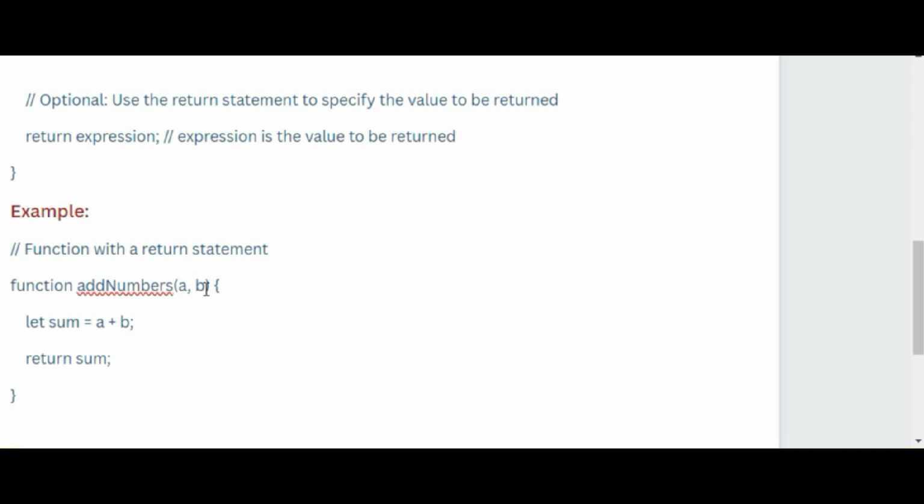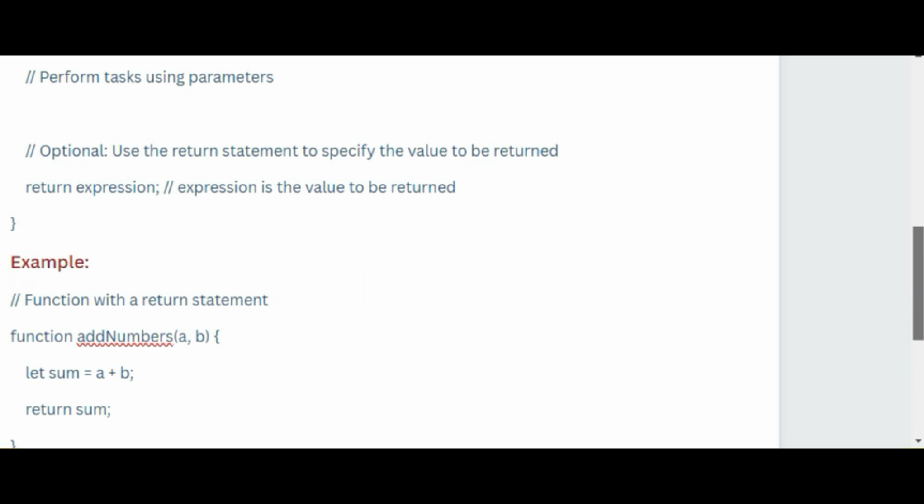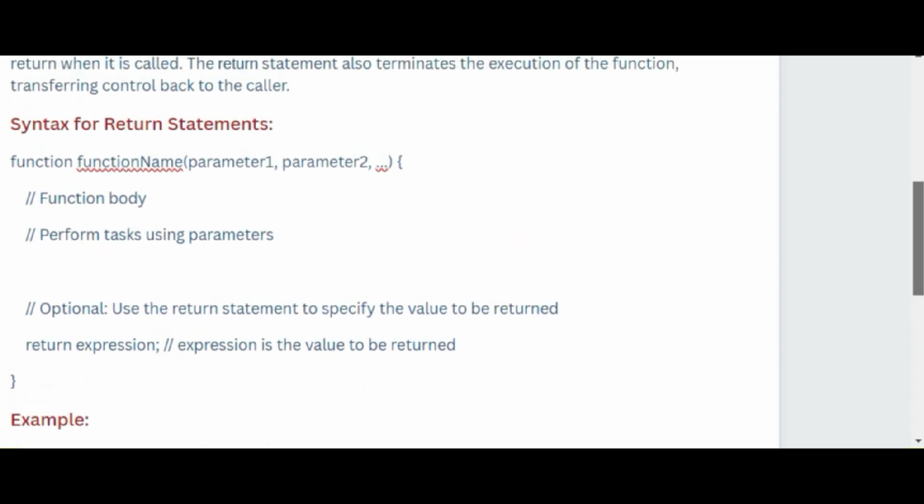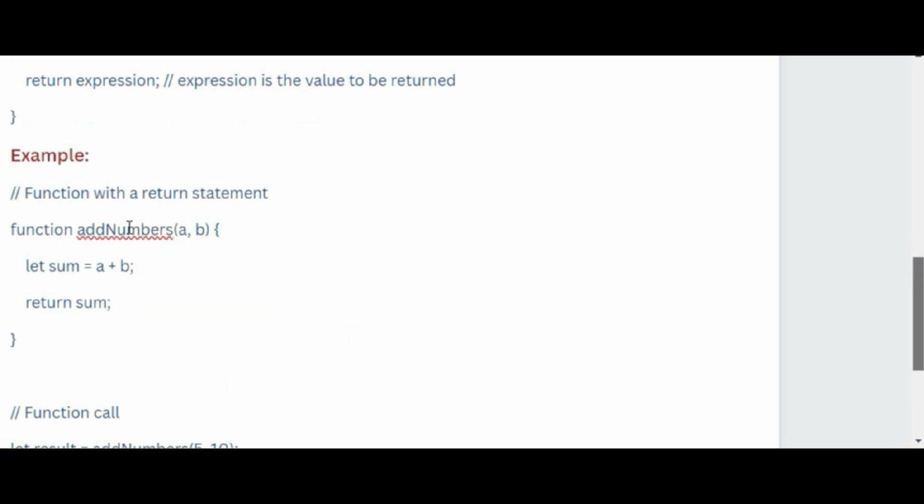Like I have shown you in the example, the addNumber function returns the sum of two numbers. I have demonstrated the use of the return statement to produce a result that can be utilized in the calling code.